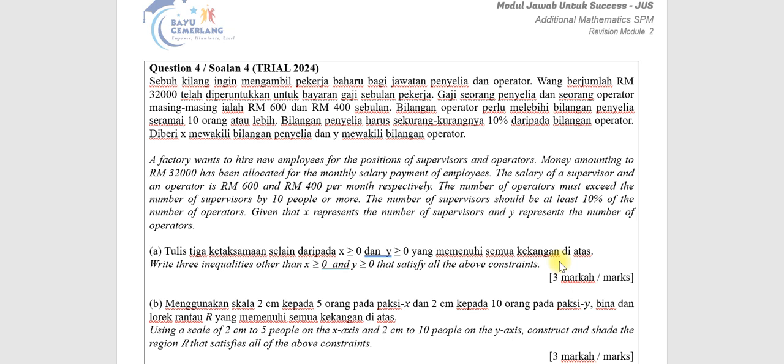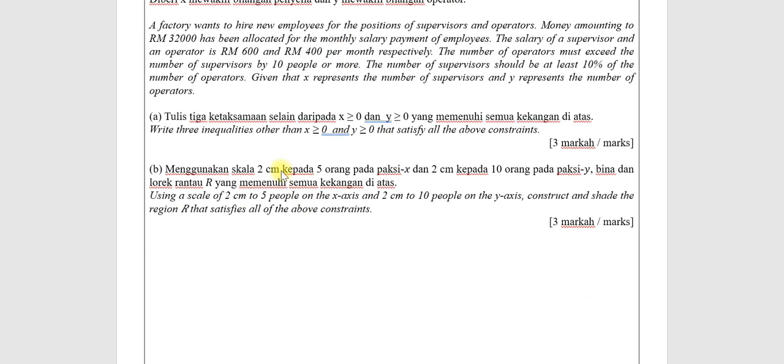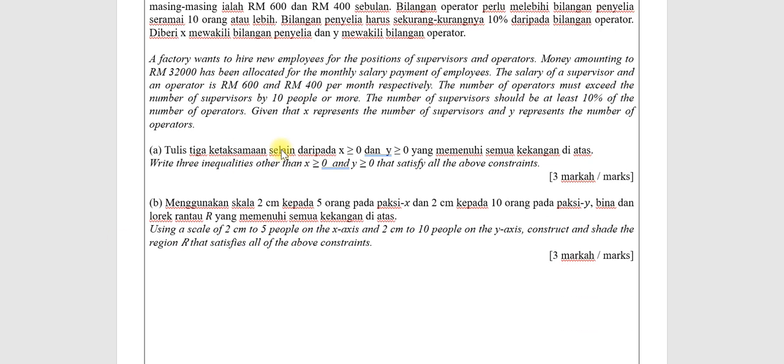A factory wants to hire new employees for the positions of supervisor and operator. Money amounting to 32,000 has been allocated for the monthly salary payment of employees. The salary of a supervisor and an operator is 600 and 400 per month. From this we can write the inequalities.